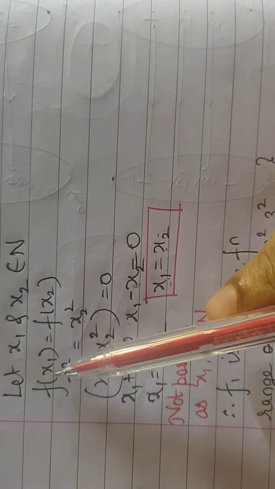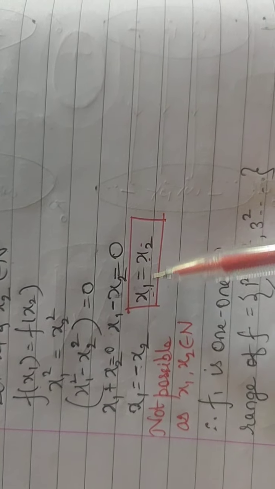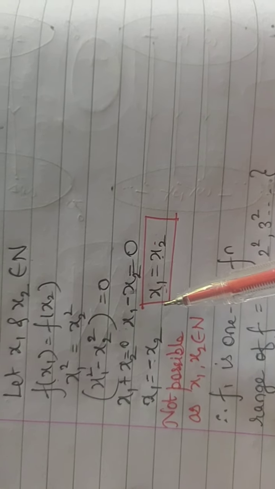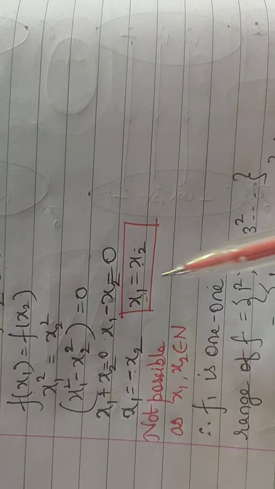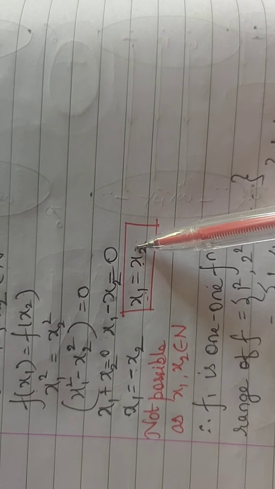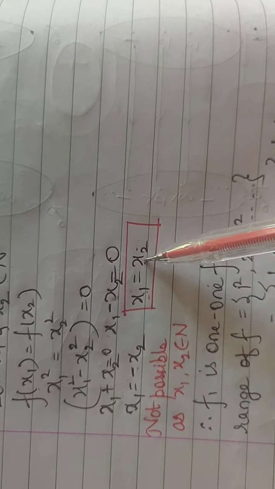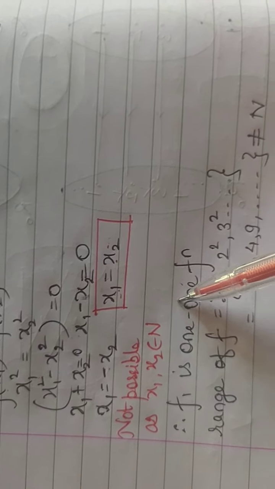So when we consider f of x1 equals f of x2 and if we get x1 equal to x2, then we can say that the function is 1-1. If we get more than one value in the x1 and x2 relation, then it will not be 1-1 function.